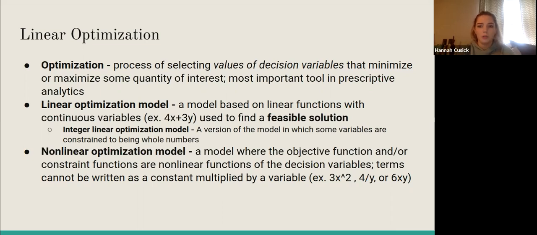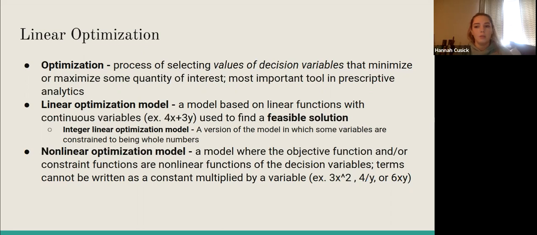Linear optimization models typically have two basic properties. First, the objective function and all the constraints are linear functions of decision variables. This basically means that each function is a sum of terms which are each multiplied by a decision variable.